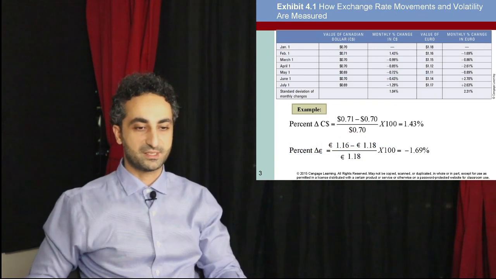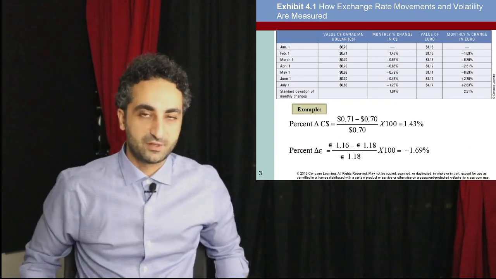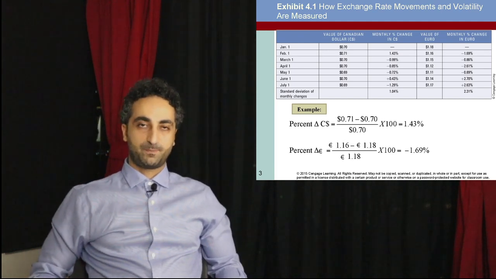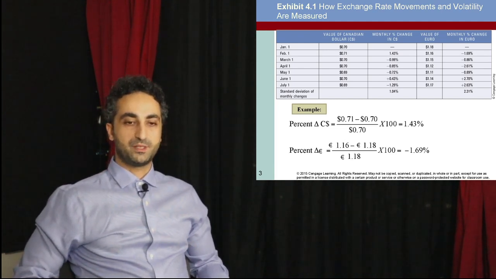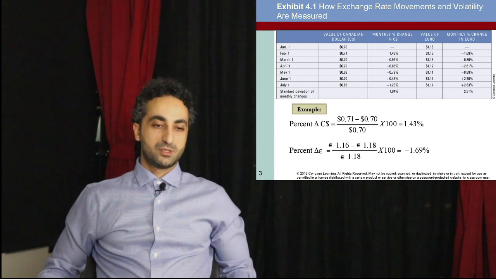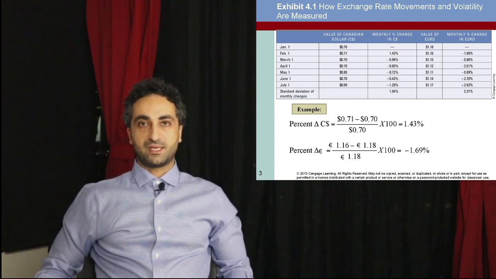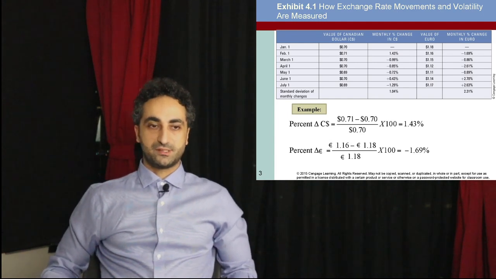So let's take an example. We have two currencies here. We have the Canadian dollar and we have the euro. The value of these two is basically against USD, the US dollar.